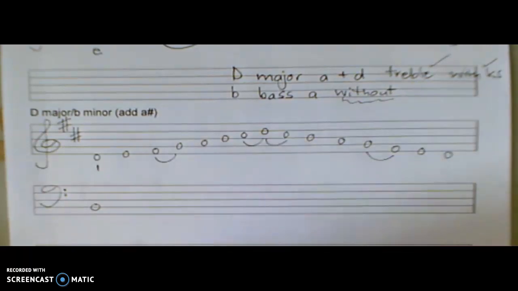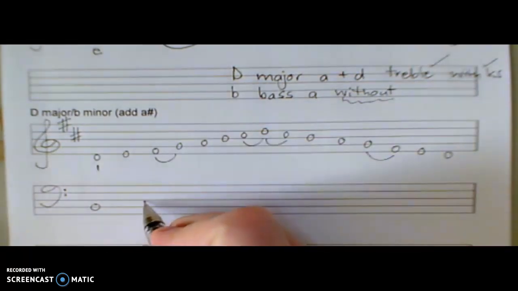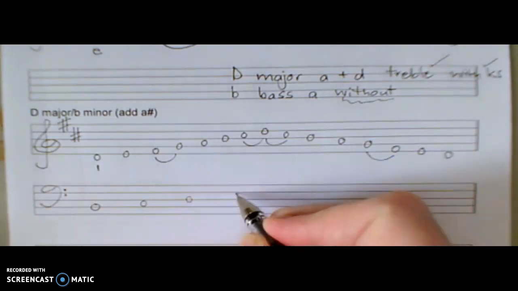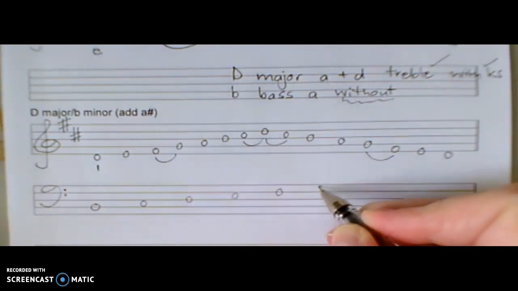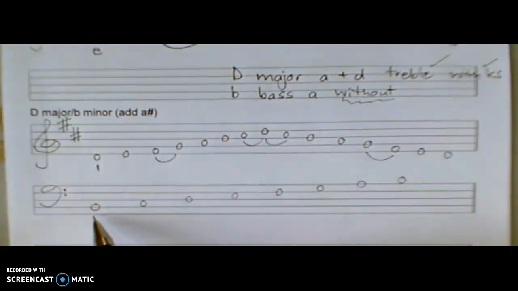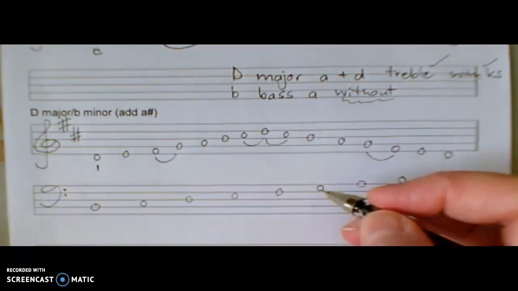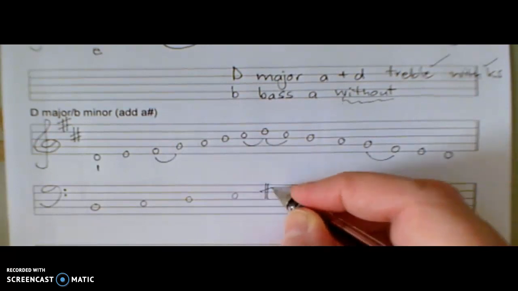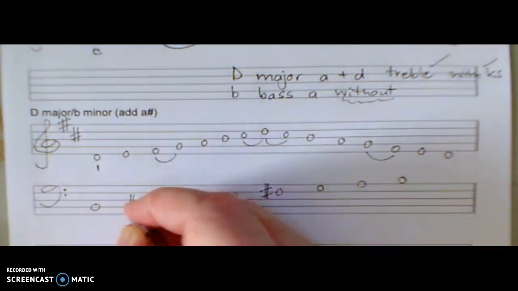So let's write out first our white notes. 1, 2, 3, 4, 5, 6, 7, 8. Start on a B, end on a B. Now, let's go to the key signature that I actually need. I need a Father Charles.